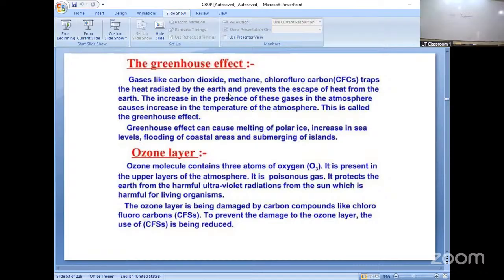An increase in the presence of these gases means an increase in the atmospheric temperature that will cause global warming. With global warming, the polar ice is obviously melting. It is increasing the sea level, flooding coastal areas and submerging islands, right?